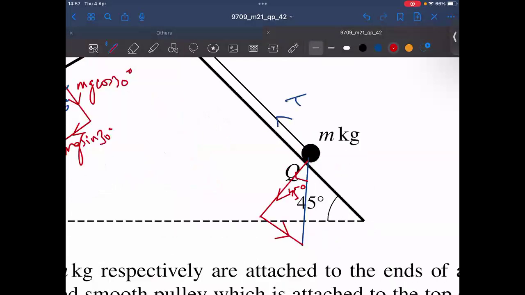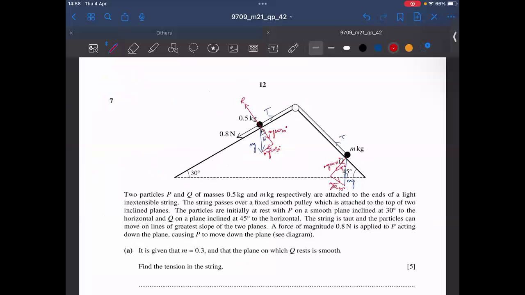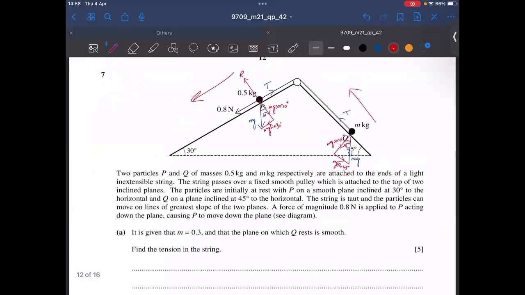This component is adjacent, so it will be mg cos of 45 degrees, and this one is mg sine of 45 degrees. P is moving down the plane, while Q is going to be moving up the plane.